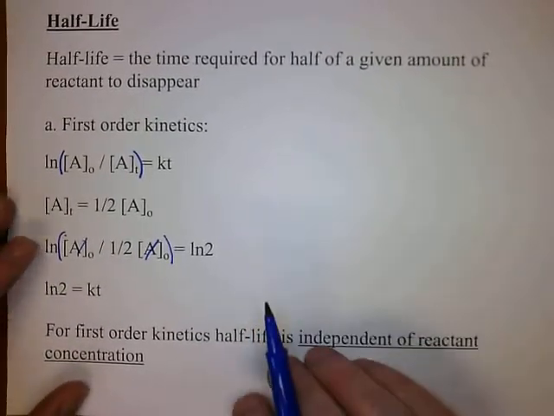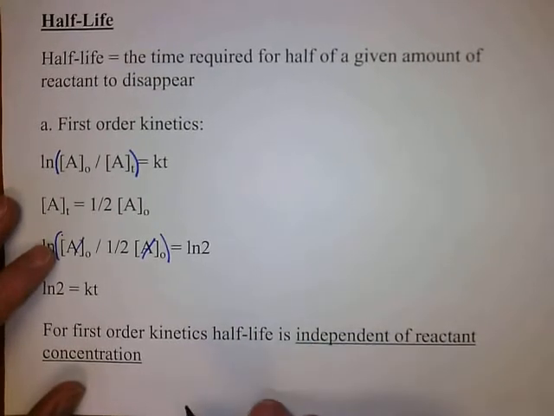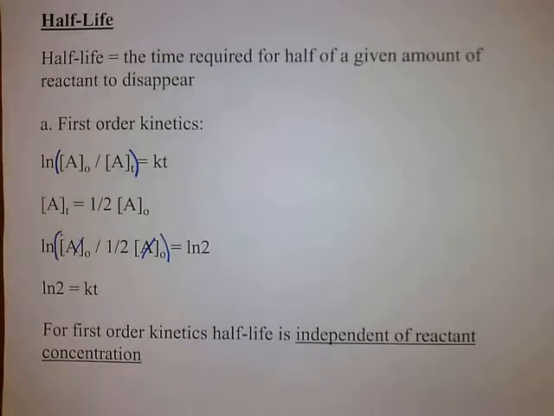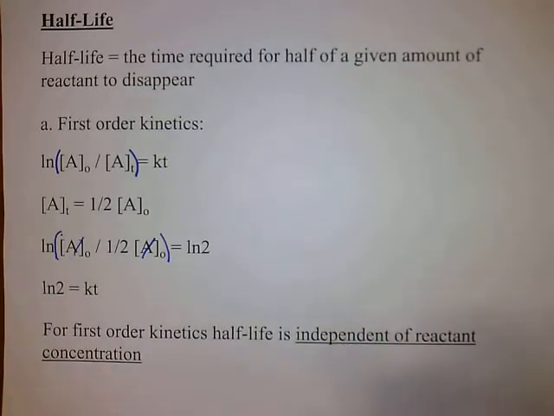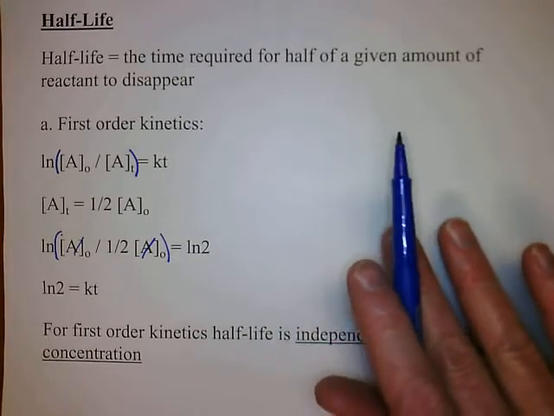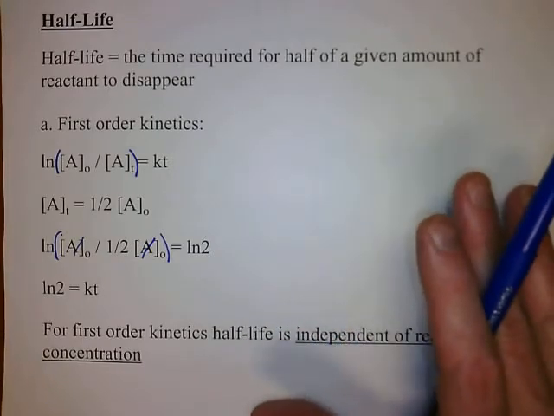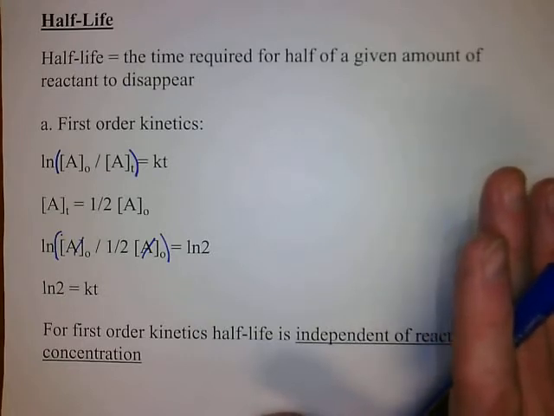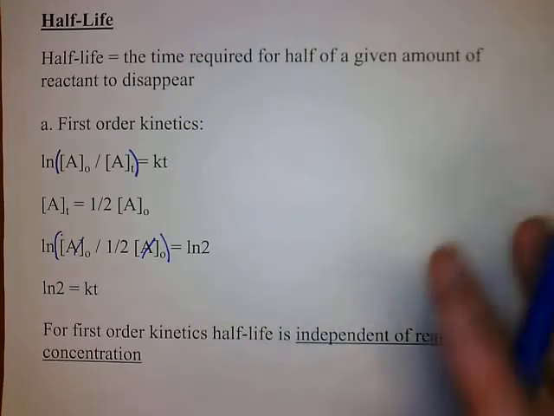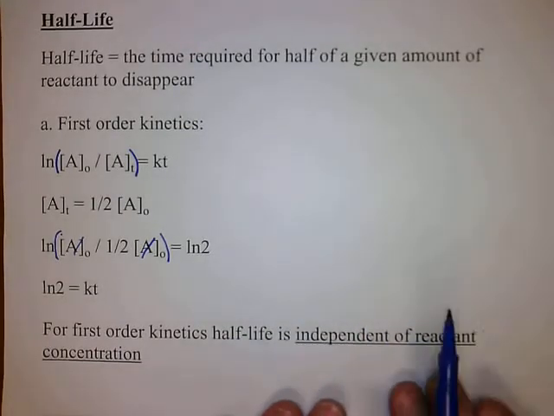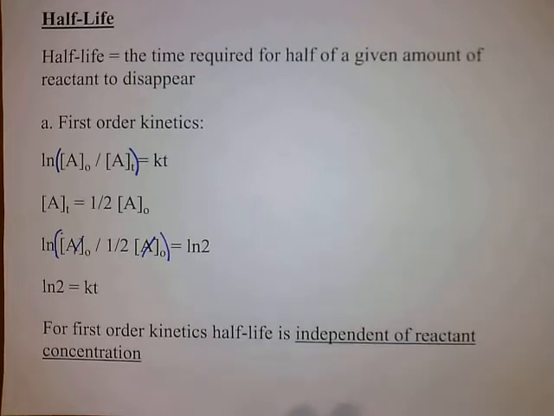It doesn't matter how much you start with. At the end of your first half-life period, half of it will be gone. So if you start with a mole, at the end of the first half-life, you'll have half a mole. If you started with 100 moles at the end of the first half-life, you would have 50, because the reaction goes faster at the higher concentration.